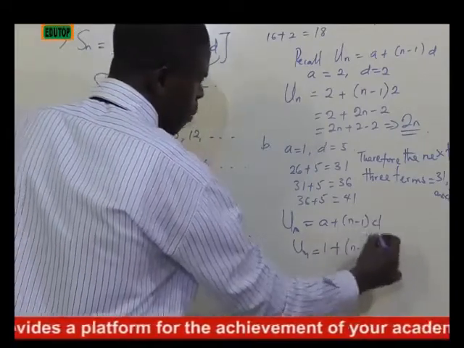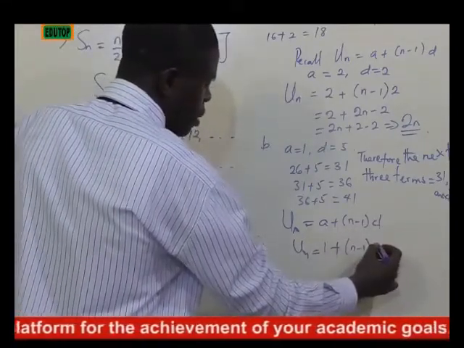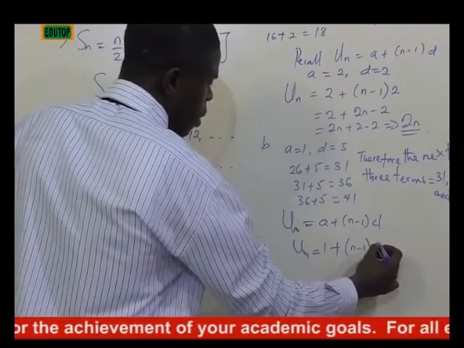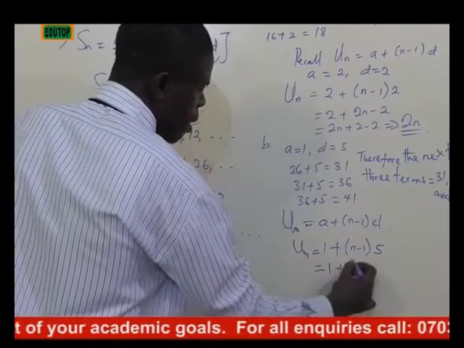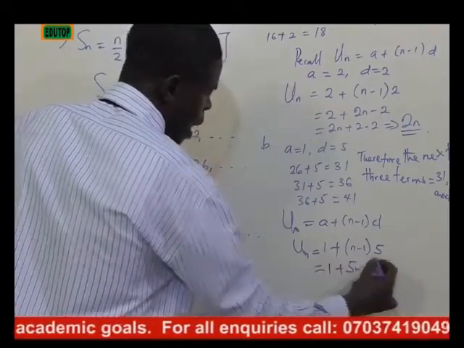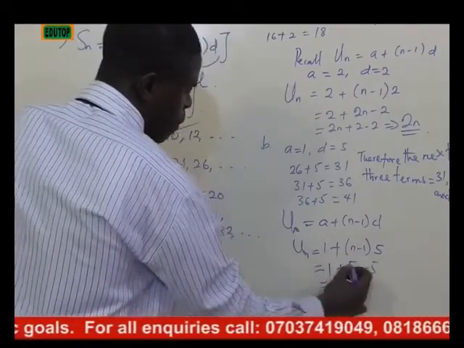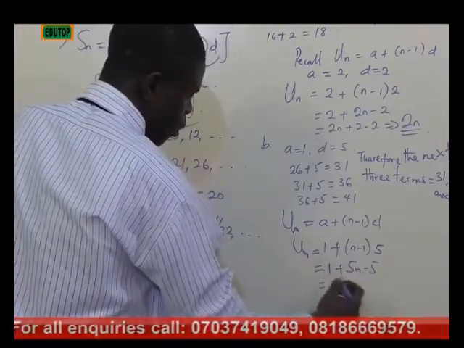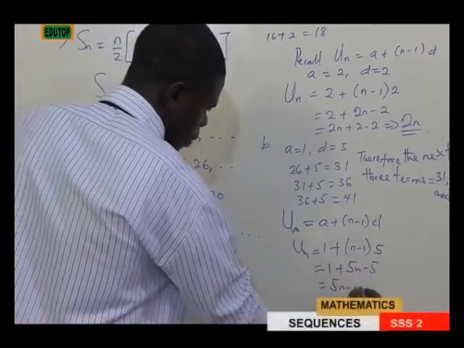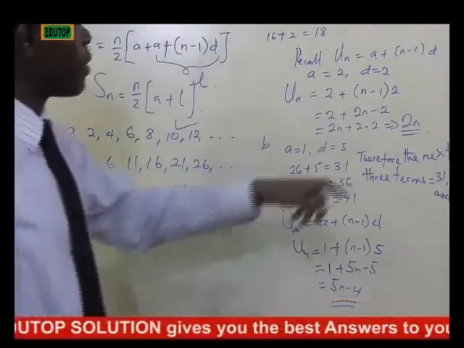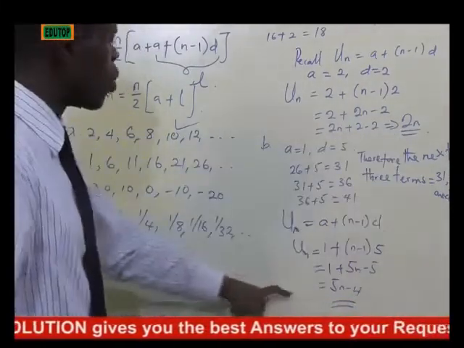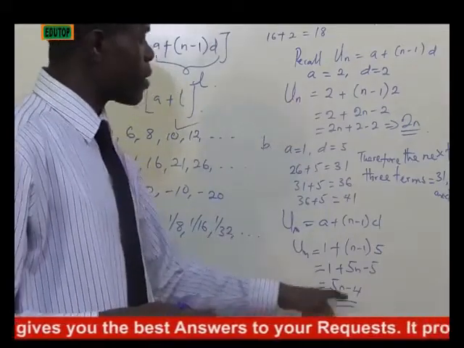We don't know the number of terms, but we know the common difference is 5. If we evaluate this, we have 1 plus 5n minus 5, and this will give us 5n, then 1 minus 5 is minus 4. So 5n minus 4. So the rule for the A part is 2n, while the rule for the B part is 5n minus 4.